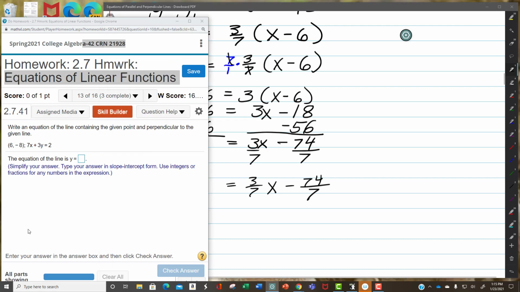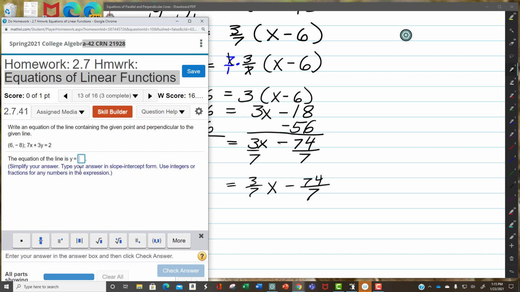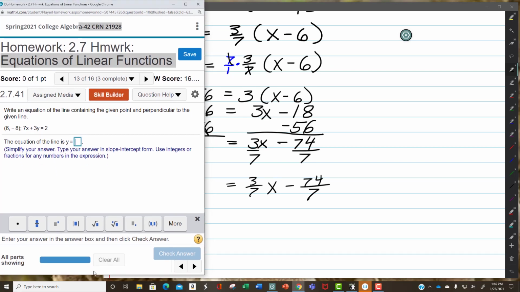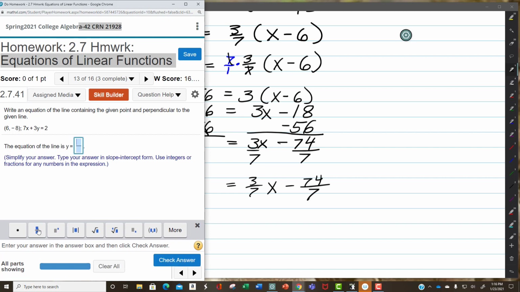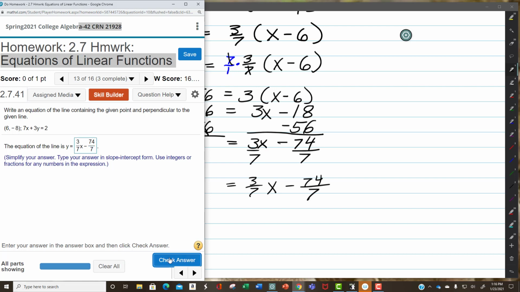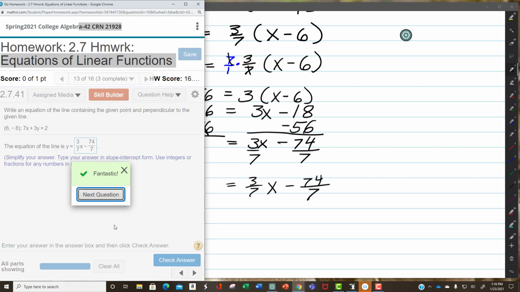That doesn't feel right. Let's see. Fraction 3/7 x minus fraction 74/7. Whoa, I was sure I had that wrong.